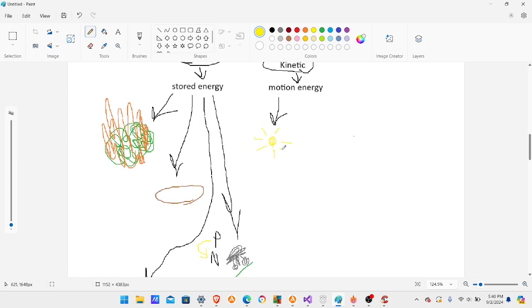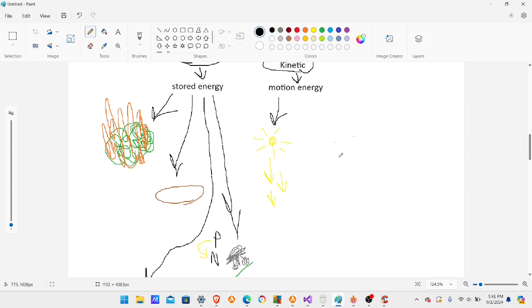Very inaccurate sun, but yeah, this would be the sun. And basically light travels from the sun, and this would be a form of radiant energy, light traveling from the sun.